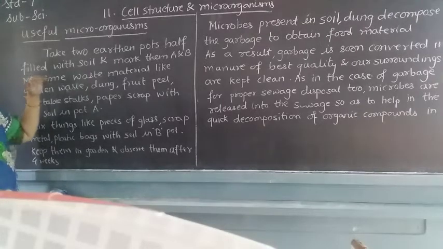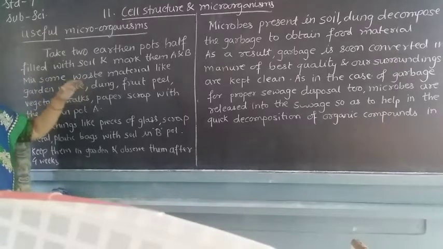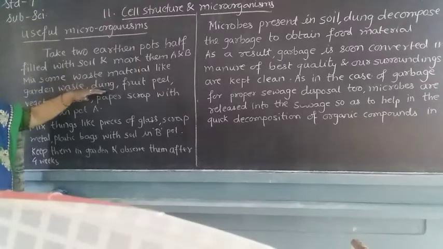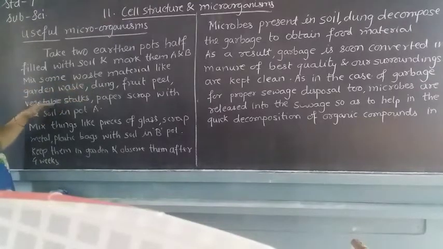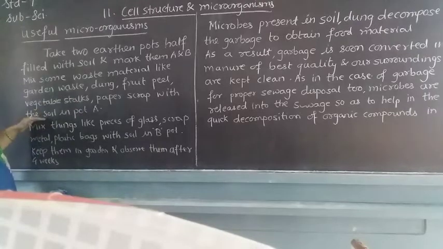Mix some waste materials like garden waste, dung, fruit peel, vegetable stalks, paper scraps with the soil in pot A. What you have to mix in pot A? The waste materials: garden waste, dung, fruit peel, vegetable stalks, paper scraps.